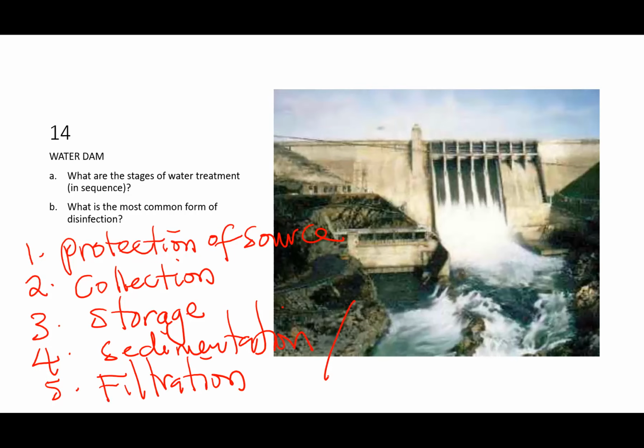And lastly, the final and most important stage is disinfection. And the disinfection is achieved via chlorination.